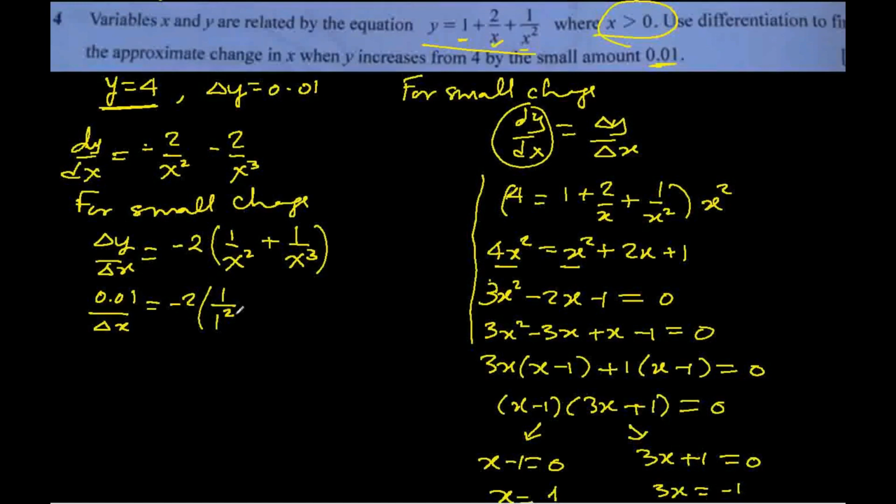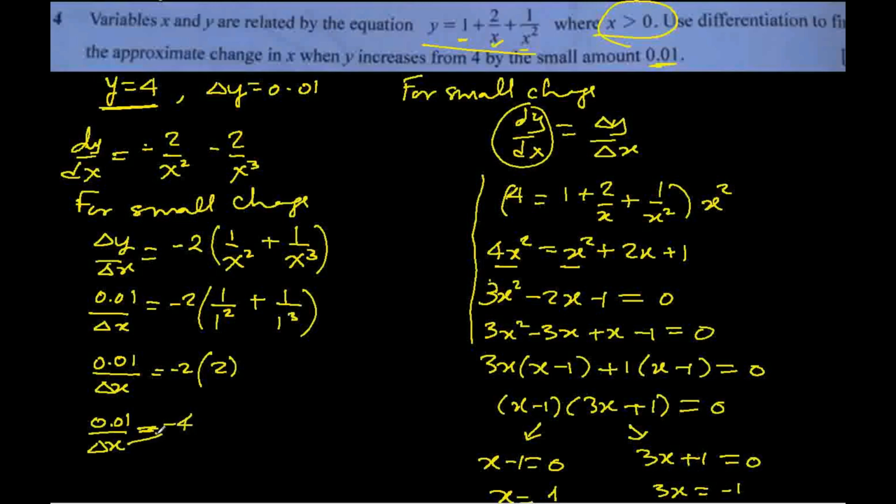1 square, because x equal to 1 we accepted, over 1 cube. Okay, 0.01 over delta x is minus 2 times, this is 1 whole, 1 over 1 square, 1 over 1 cube, 1 plus 1 is 2. Okay, so it becomes 0.01 over delta x equal to negative 4.